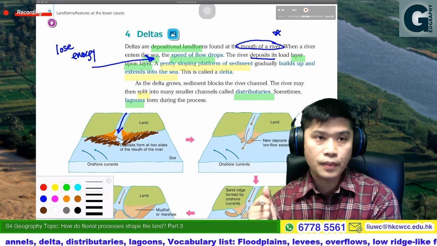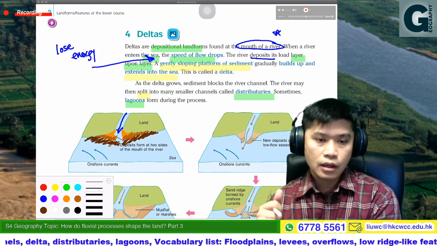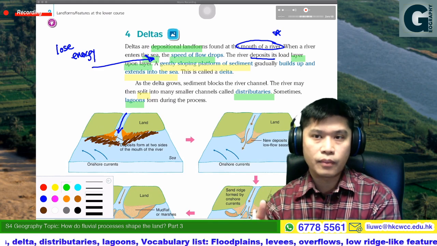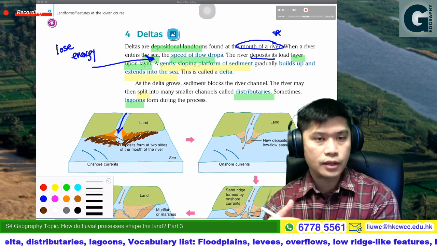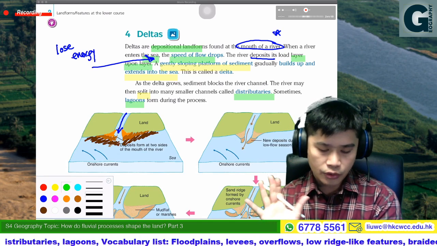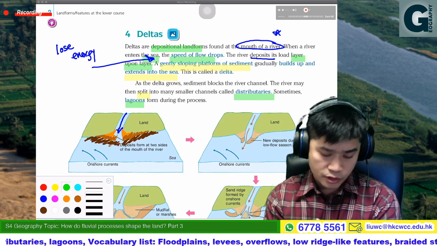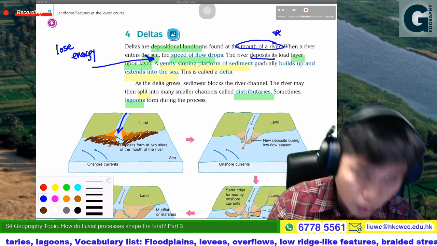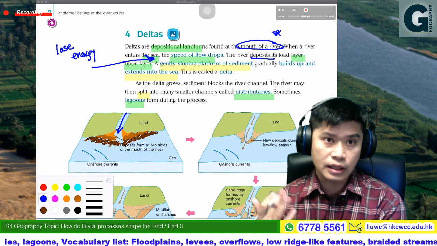So I will talk about the meaning or the formation of lagoons when we talk about the coastal landform. Okay, so I'm not going to explain the formation of lagoon right now. So therefore, what would be these tributaries?